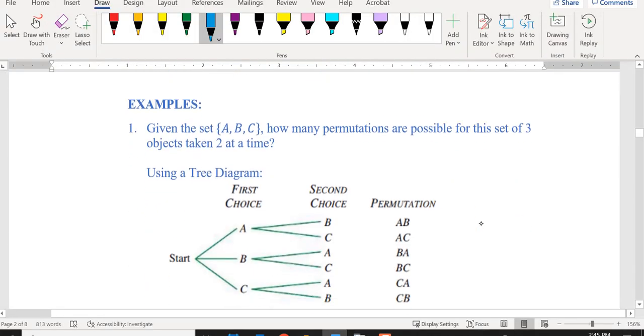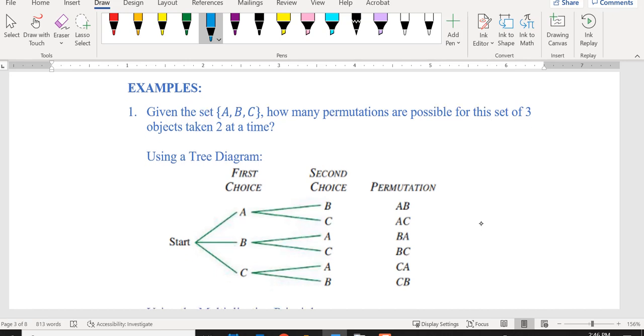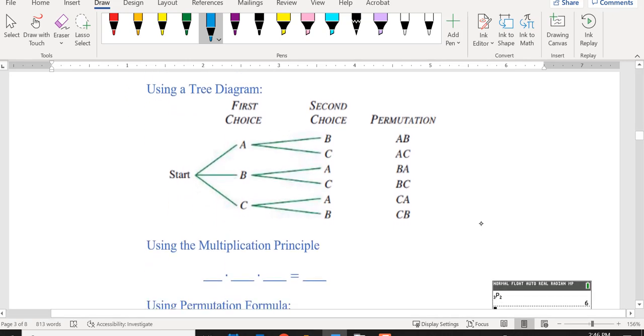All right, another example. Given the set of elements A, B, and C, how many permutations are possible for this set of 3 objects taken 2 at a time? Okay, I want to kind of pull some things and put them all together. If we used a tree diagram, do you see that the first choice could be any of the 3?